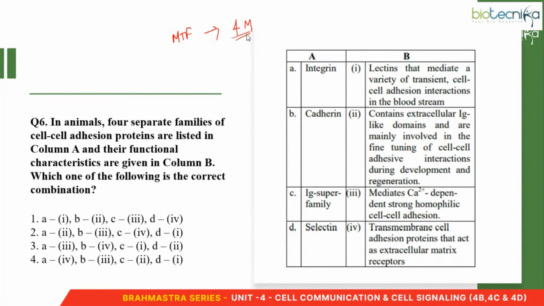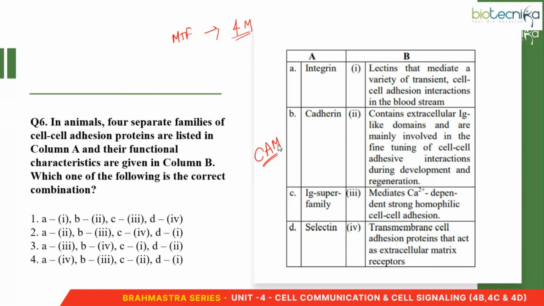Here a lot of proteins are there, junctions are there, connecting links are there. And you need to identify, well, these are examples of your cell adhesion molecules. So based upon their structure, based upon their function, they are going to ask you this question.